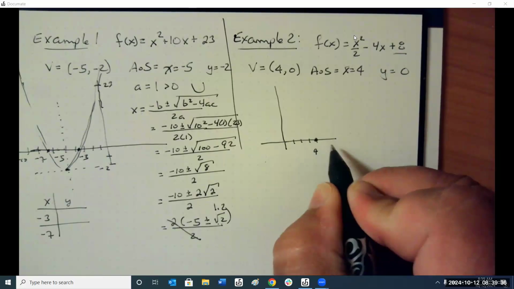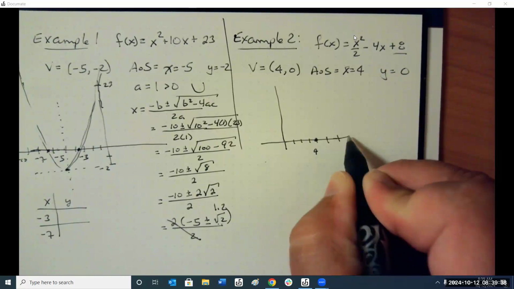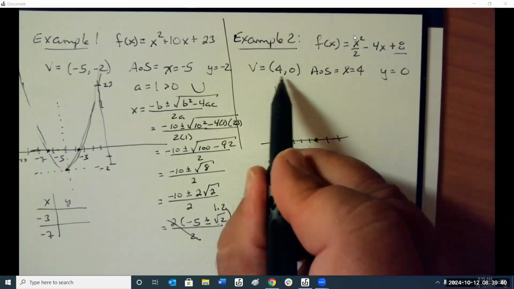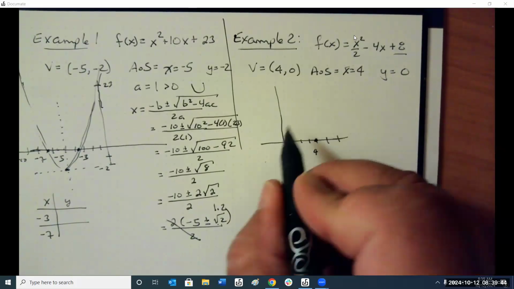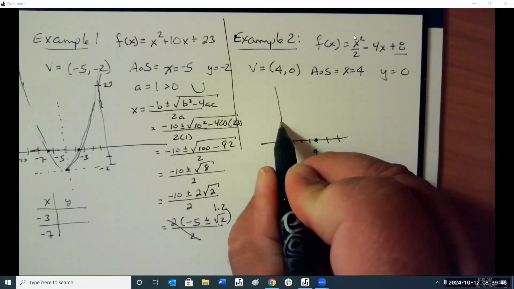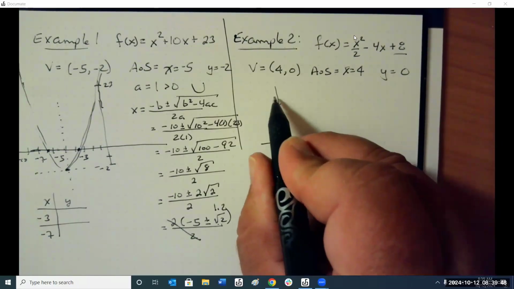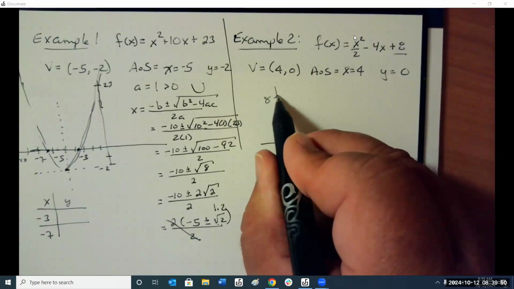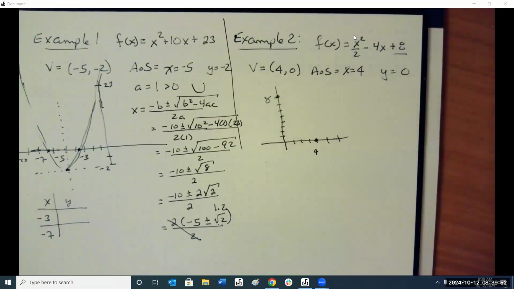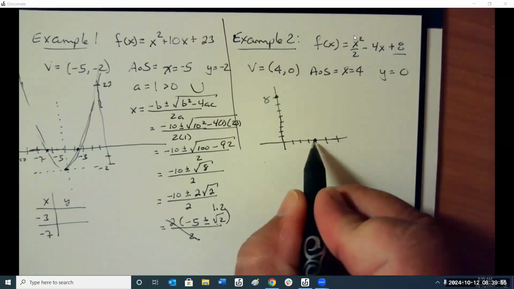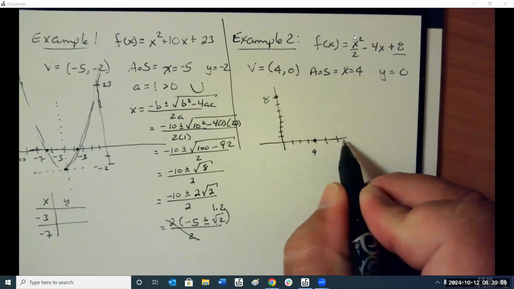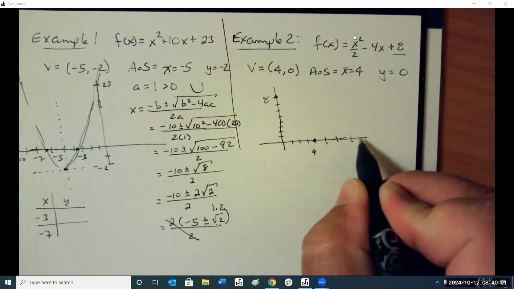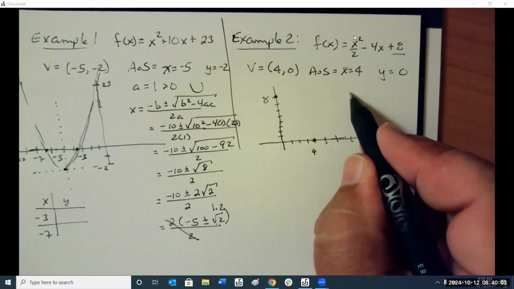We have our vertex at (4, 0). We know that 3, 4, 5, 6, 7, 8. We know that at 8, we have a y-intercept. So from this point, it's 4 to the left, 8 up. So if we go 4 to the right, 8 up, we have another point.